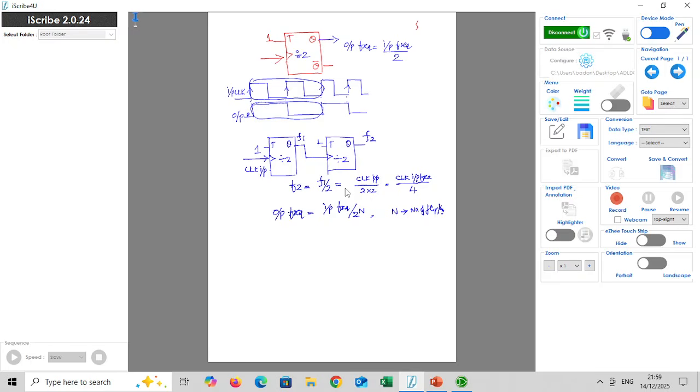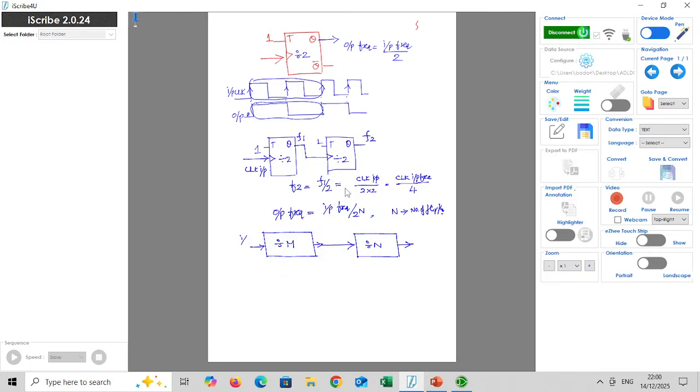If we have 2 counters of different division capability, for example, let's say this acts like a mod m counter, divide by m. That means whatever input frequency we give here, it divides by m and gives the output frequency. And we have another counter which acts as a division by n, a mod n counter, and the previous output is used as an input for this mod n counter, and this will be the output frequency.